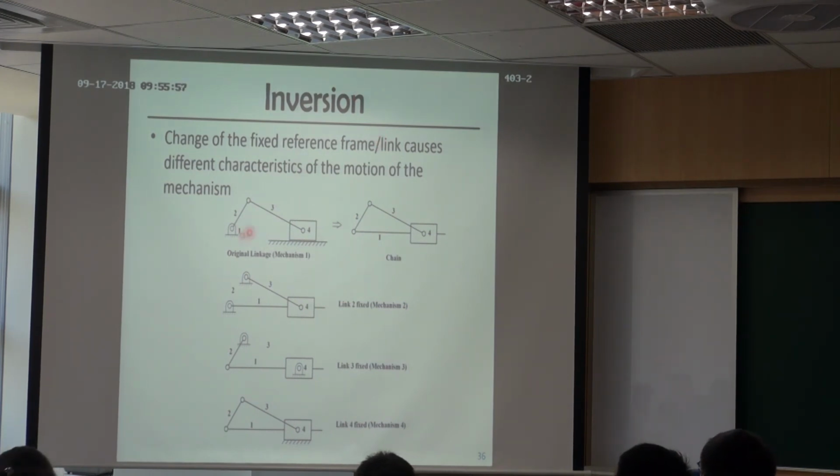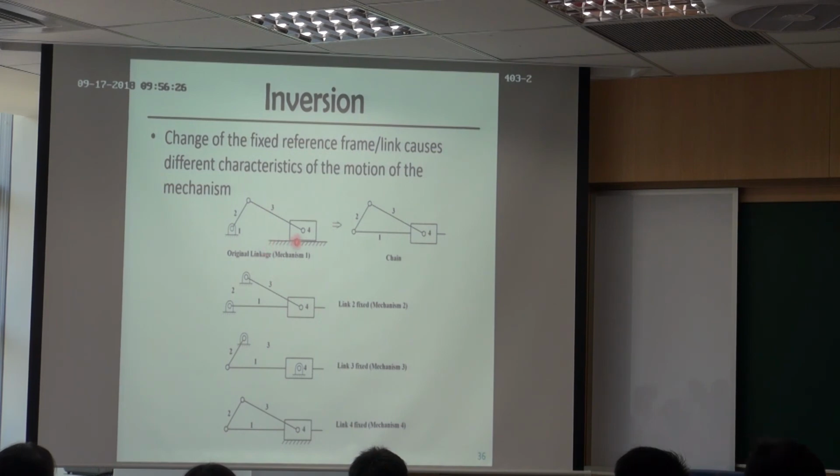We'll just look at this example. So all these 4 cases are composed of the same links. All these mechanisms contain the same links. They all contain bar 2, bar 3, and 1 slider.